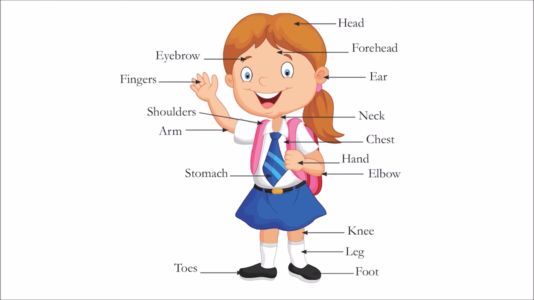We have 2 ears, 2 eyes, nose and a mouth. Fingers, then we have our shoulders, also arms, elbows, chest, we have neck, we have our stomach, and we have knees, legs, we have our foot, and we also have our toes.